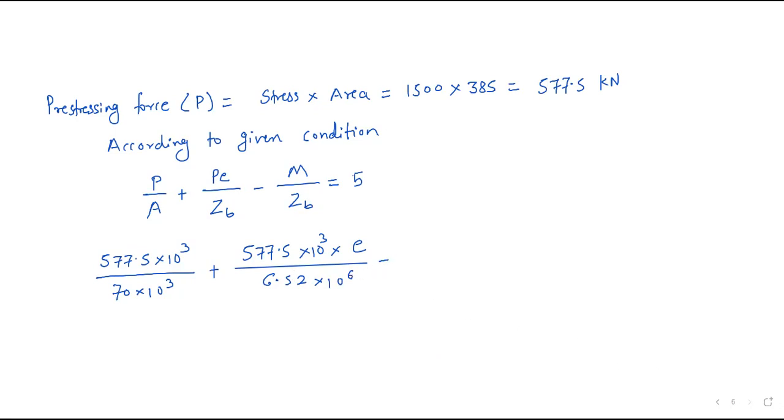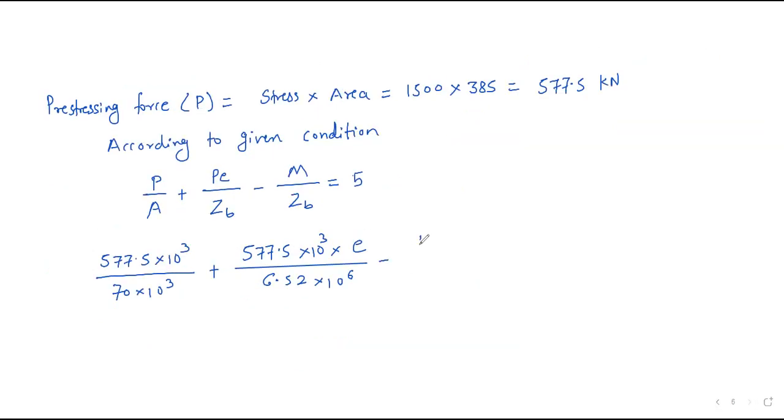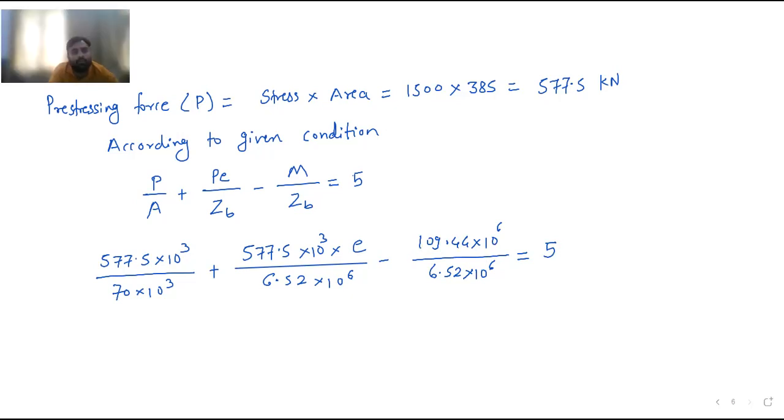Moment we have calculated, 109.44 into 10 raised to 6 divided by 6.52 into 10 raised to 6, equal to 5. So only E is unknown. Solve this, you will get the value of E.